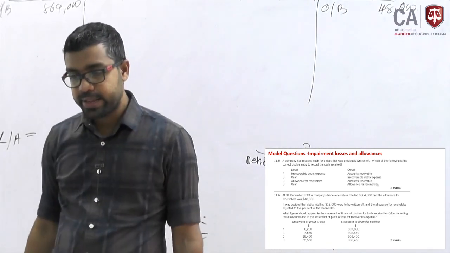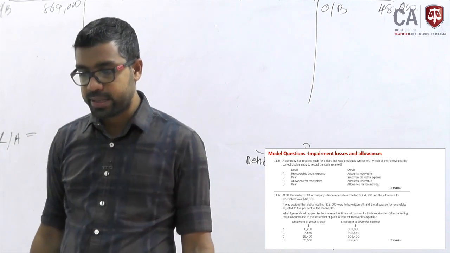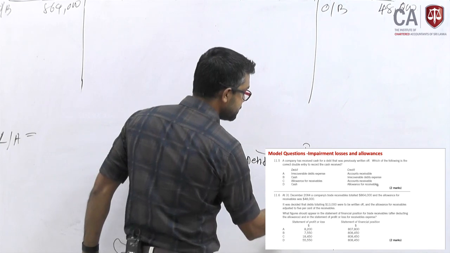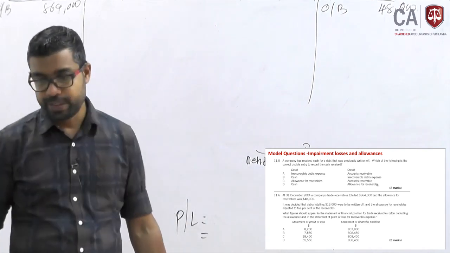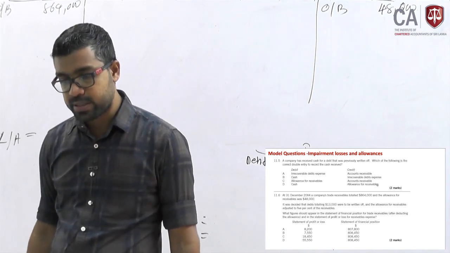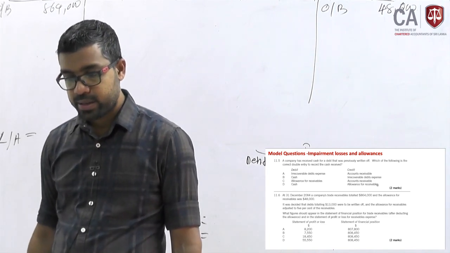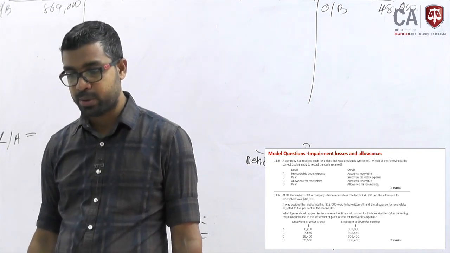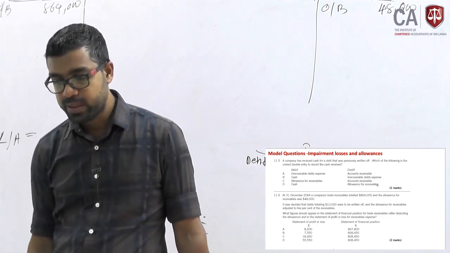It was decided that debt totaling 13,000 be written off, and the allowance for receivable adjusted to 5% of the total receivable. They are asking what the amount should be in the balance sheet and the P&L.